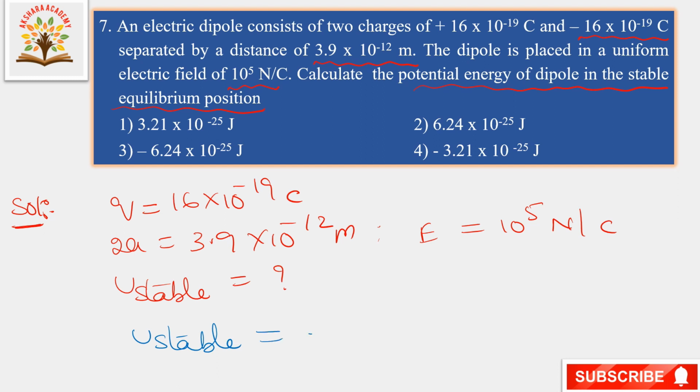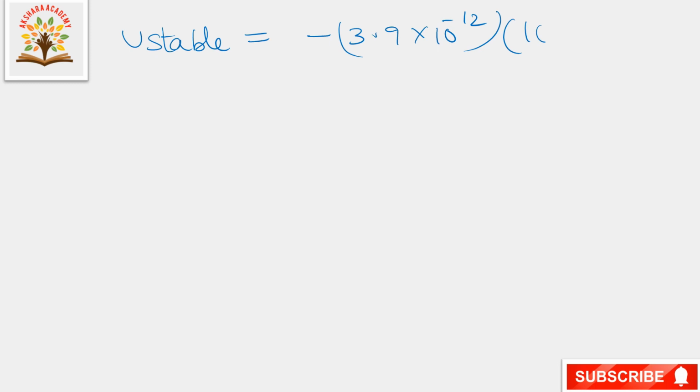So that is equal to minus pE, that is equal to minus 2a into q into E. Now substituting values, U stable, the potential energy in the stable equilibrium, is equal to minus 3.9 into 10 to the power of minus 12 into 16 into 10 to the power of minus 19 into 10 to the power of 5.